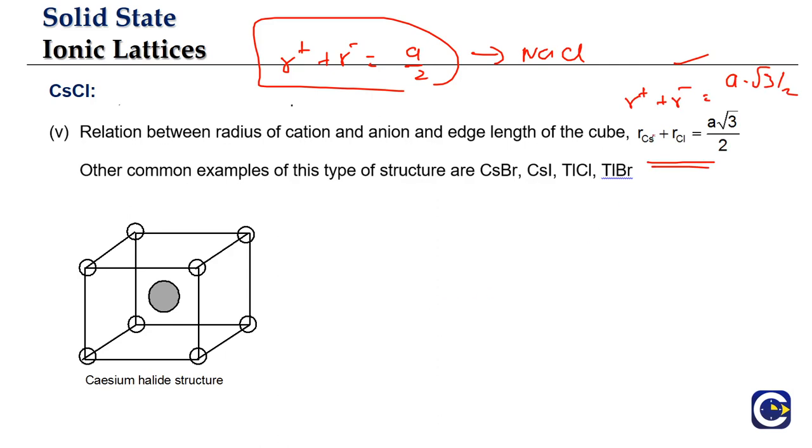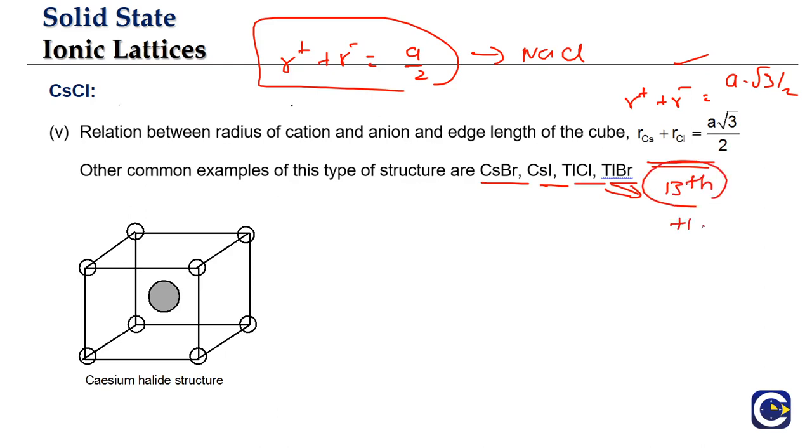So here instead of R plus we are taking it as what? Radius of the cesium. R minus we are taking it as what? Radius of the anion. So before we look at the examples, the common examples of this cesium chloride type of salt are the cesium halides and the monovalent thallium halides, because we'll discuss this in the 13th group.